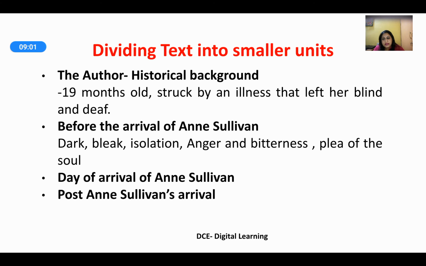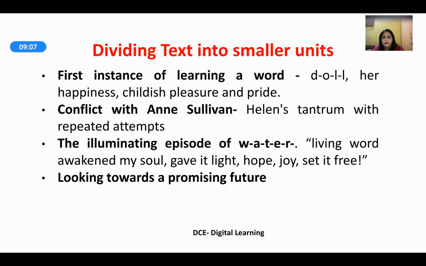And then we can see post Anne Sullivan's arrival how things started changing for the better for Helen Keller. The first instance of learning a word, DOLL, her happiness, her childish pleasure and pride. Her teacher kept a doll in one of her hands, and on the other hand tried to spell out the word DOLL.